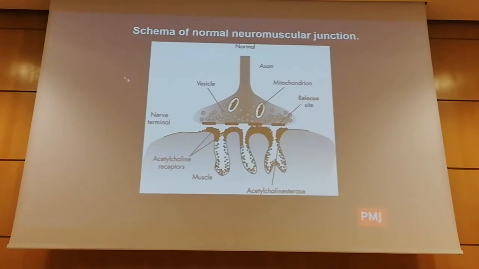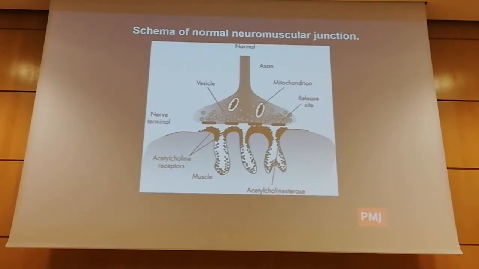Now, in the presynaptic component, the acetylcholine is made up of acetyl coenzyme A and choline, and is packaged in vesicles, and those vesicles are going to be releasing their content upon the arrival of the nerve impulse. Now, for those vesicles to be able to do this, calcium has to enter them.